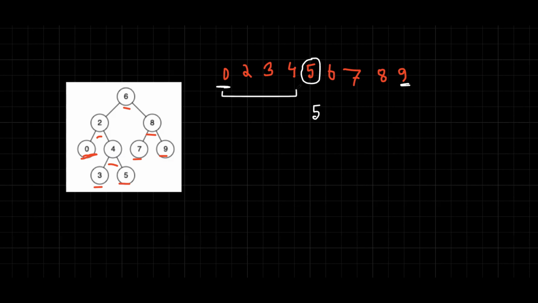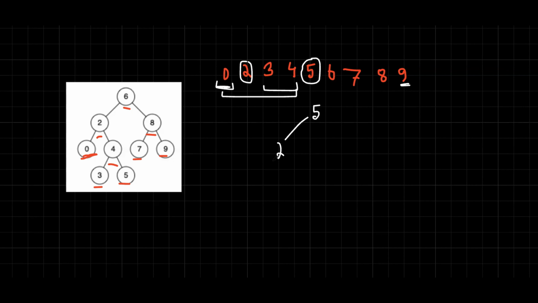So the root is 5. It has a left portion, which is 0, 2, 3, 4. Now, for this left portion, the middle is 2. So we will make a connection between 5 and 2. So for this 2, it has two portions, one is left, another is right.